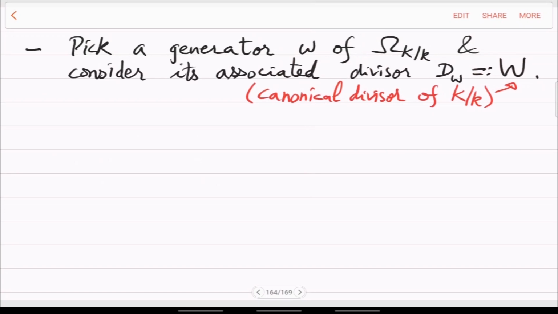So there are two vector spaces here, right? One is over the base field of constants, small k. Its dimension is delta D, which is what we wanted to study.